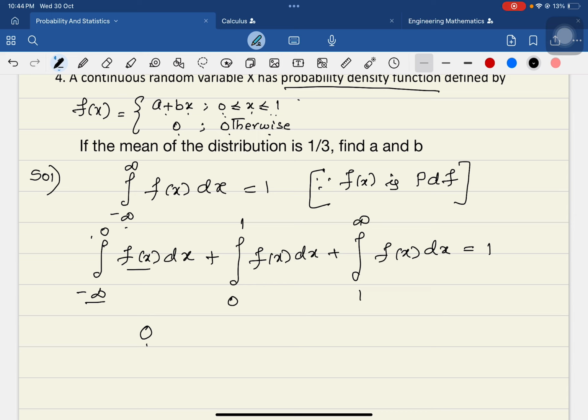Similarly, when x ranges from 1 to infinity, the function value is 0, so this integral also becomes 0.